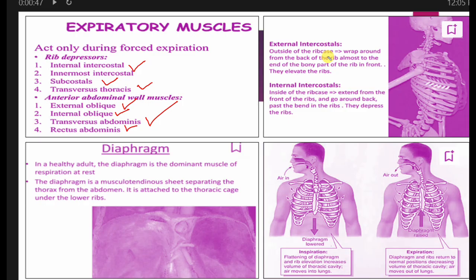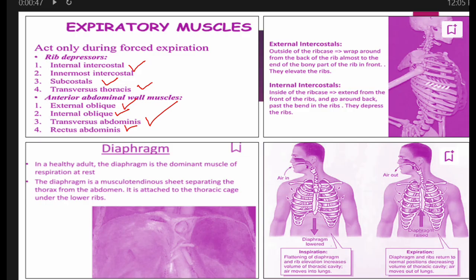All right? And those spaces are covered by internal and external intercostal muscles. In fact, those spaces are known as intercostal spaces. So the external intercostal muscles are those ones lying outside the intercostal spaces of the rib cage.